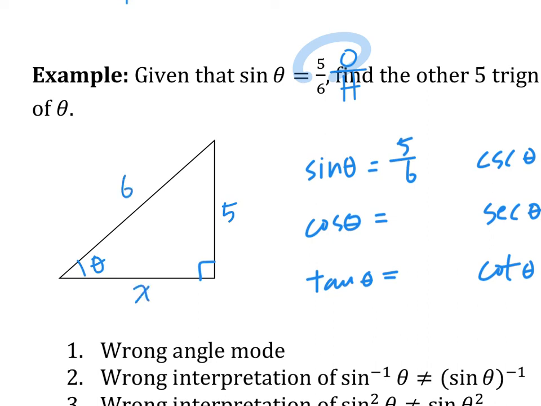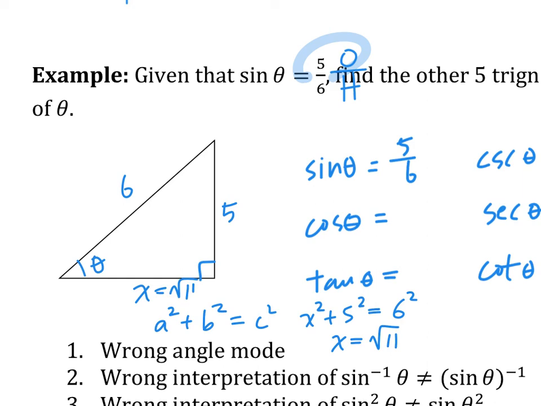What about this side? How do you figure out what that is? Pythagorean theorem. a squared plus b squared equals c squared. So x squared plus 5 squared is 6 squared. x is root 11. Please don't write it in decimals. Just leave it like that.